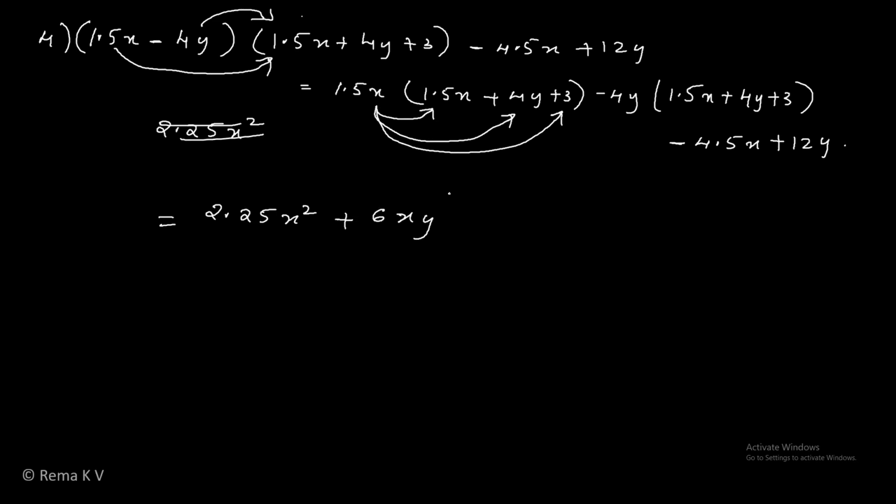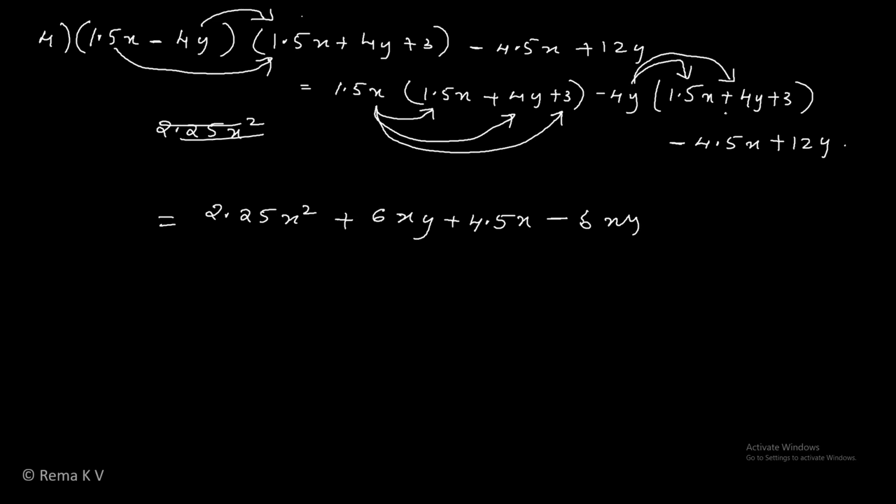And these two gives 1.5 into 3. 15 into 3 is 45. So it is 4.5x. Now multiplying these two, minus 15 into 4, 60. One decimal place, it is 6xy.